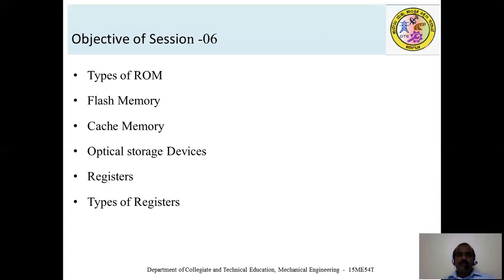The main objective of this session is to know the different types of ROM, read-only memory, in detail. What is flash memory, cache memory, optical storage devices, registers, and the different types of registers.